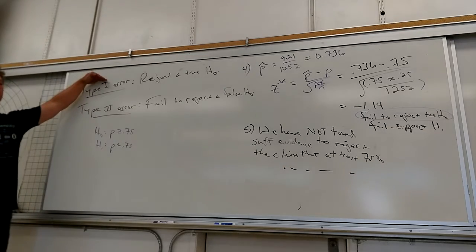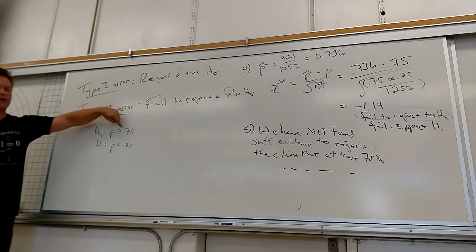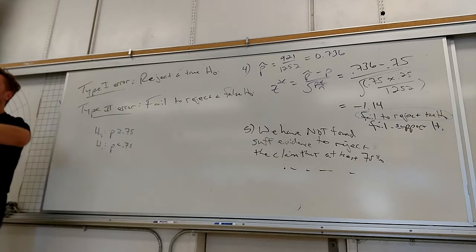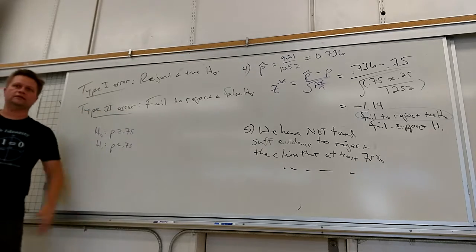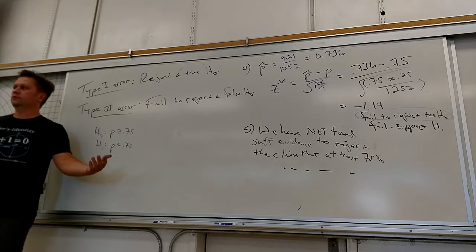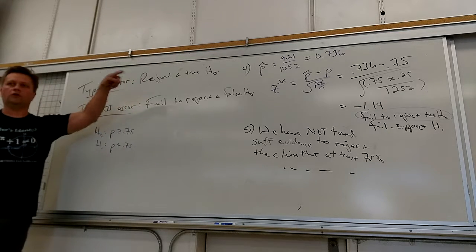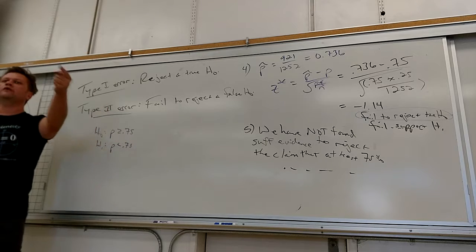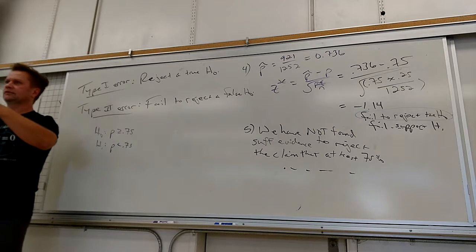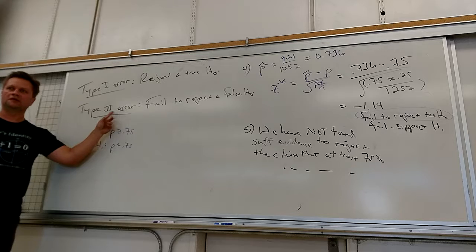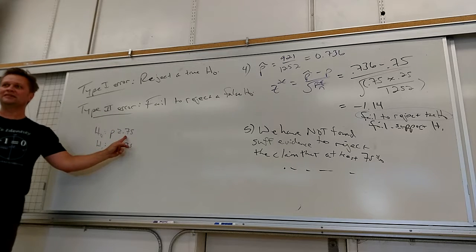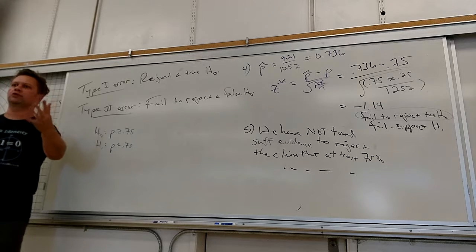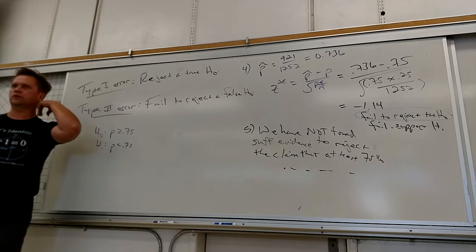So a type 1 error would be, we find evidence that it's not at least 75%, when in reality, it is at least 75%. That's it. So reject a true null. It actually is at least 75%, but we found evidence that it isn't. So what would a type 2 error be? It actually isn't at least 75%, but we found evidence that it is. And we failed to reject it, even though it actually was false.